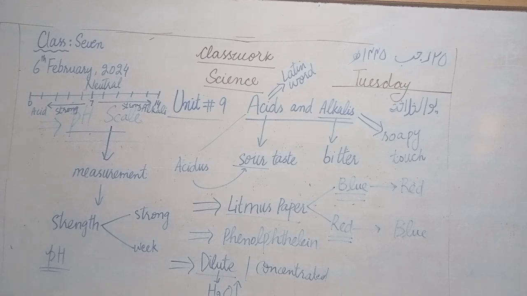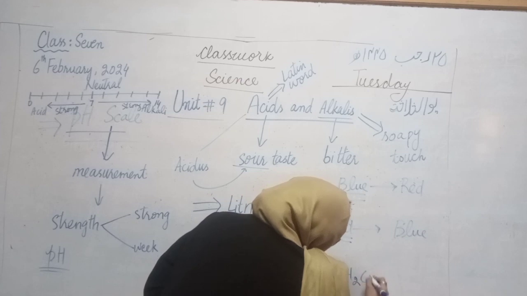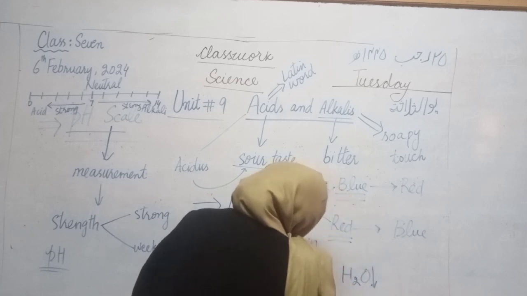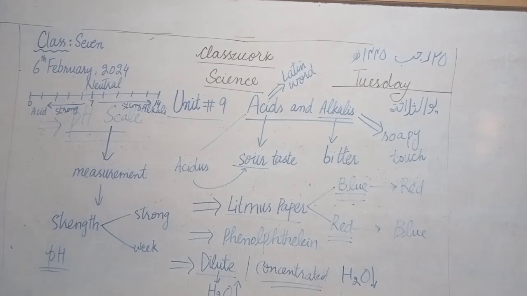Yes, these are solutions having less water, and these solutions contain more of the other substances that we add in water. This was all about the concept of acids and alkalis.